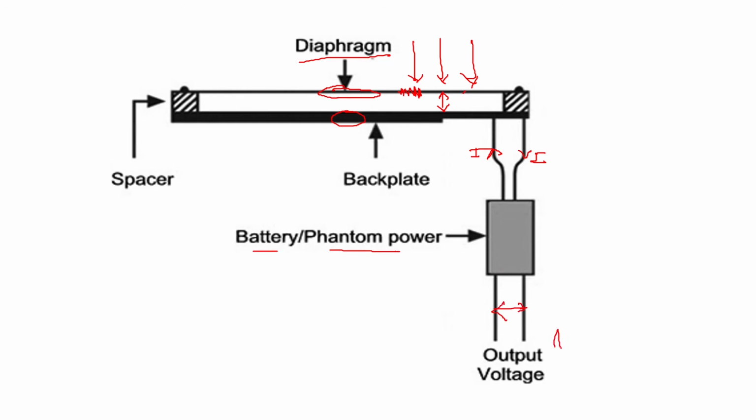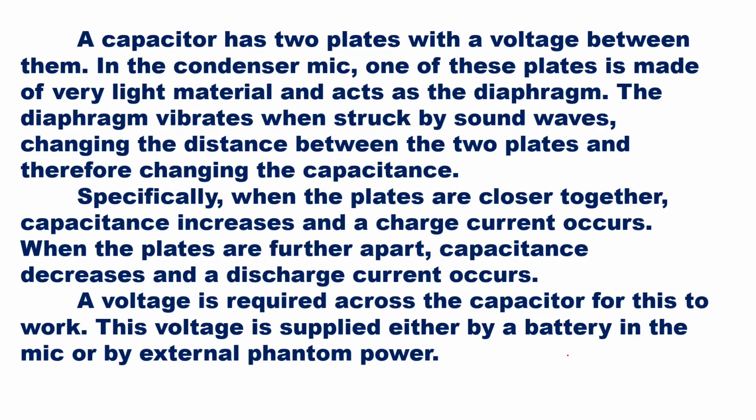That variation of output voltage will correspond to the variation of sound waves here. So whatever sound waves you give here, that variation will be converted into variation of output voltage here. Okay. So as a whole, sound energy is converted to electrical energy.